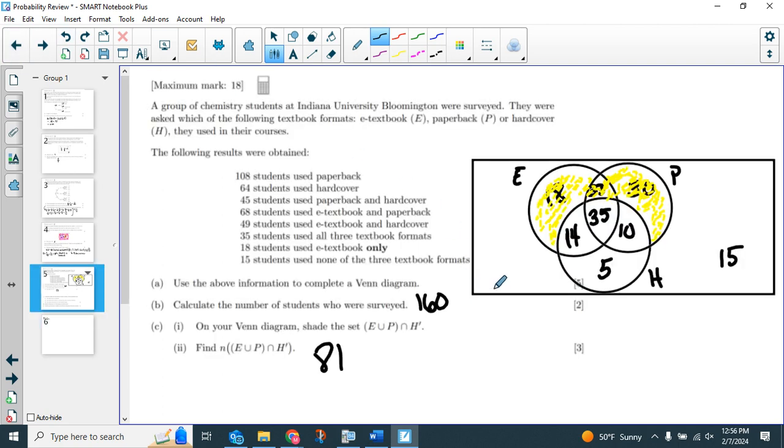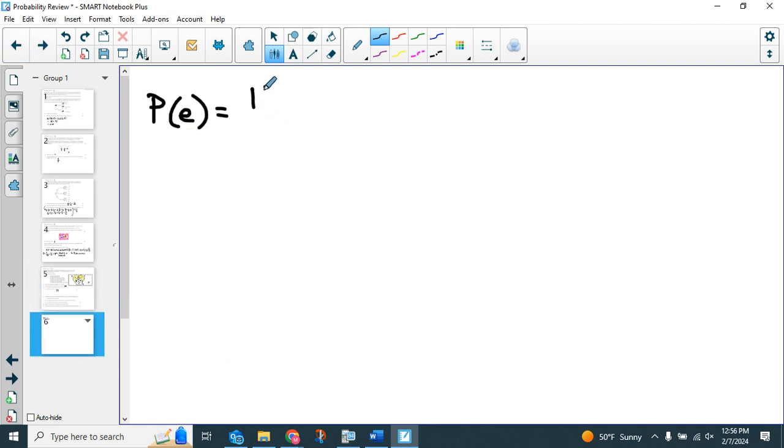So we look here: we have 18, we have 14, that's 32, and 33 makes 65, and 35 makes an even 100. So 100 students used an e-textbook out of the 160 students total. So we would just say 100 over 160.